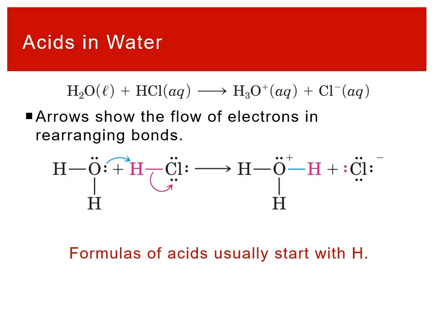Those arrows that are shown here are the flow of electrons. So this lone pair on the oxygen atom is basically reacting. Those two electrons that were the lone pair on the oxygen atom have now become the bond between the O atom and the H atom. Those two electrons are donating in, whereas the two electrons that started in the bond between the hydrogen and the chlorine are now entirely the lone pair on that chloride anion.